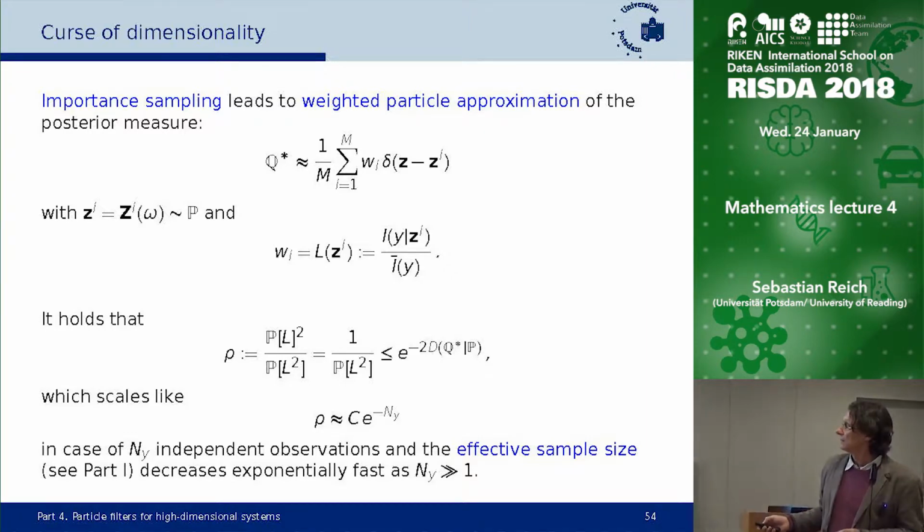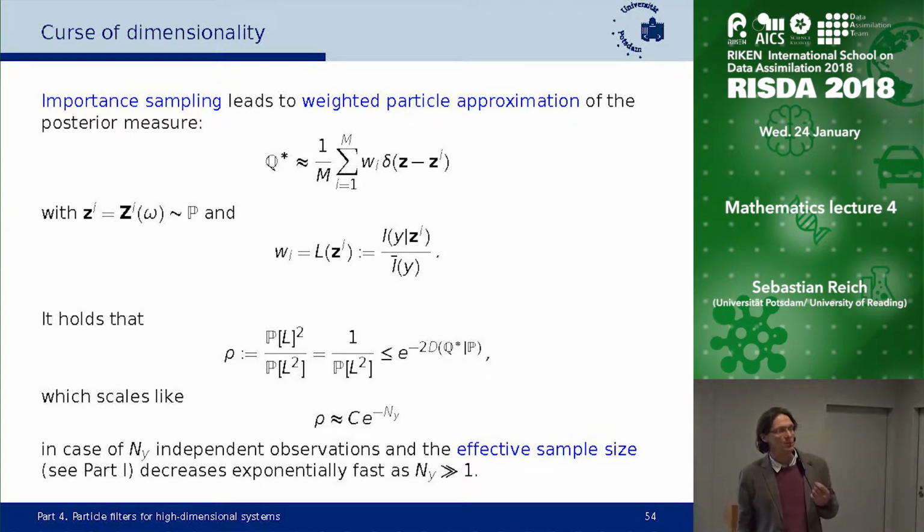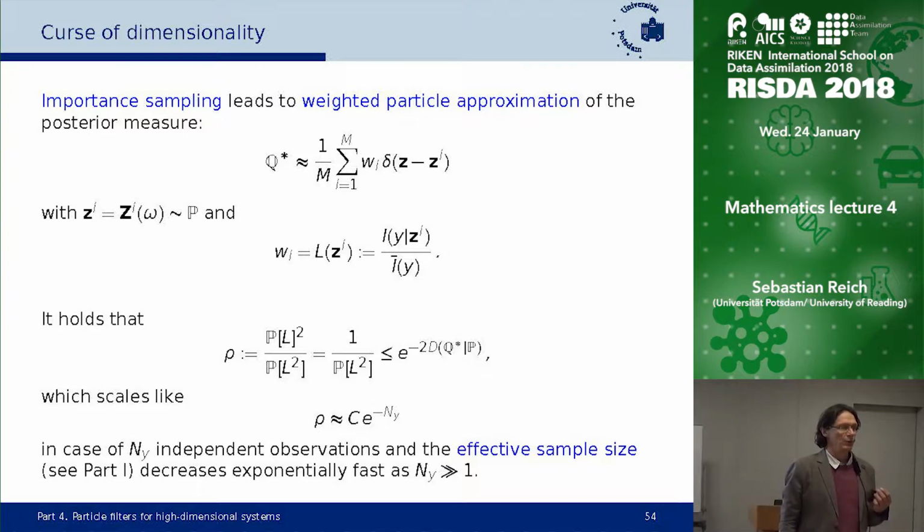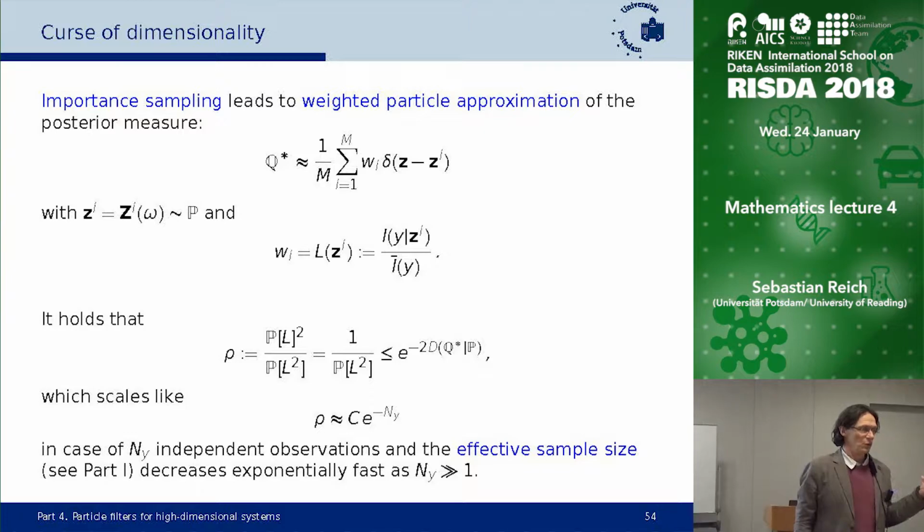And remember that earlier this morning, in the first part of my lecture, I talked about effective sample sizes in importance sampling. That was the quantity that related the sample size you have to the real sample size that you can count on in a statistical sense.